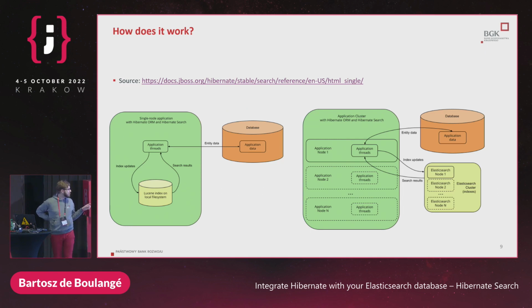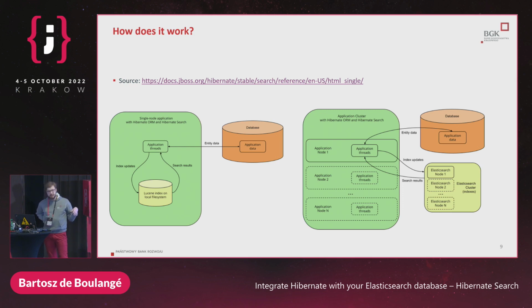The source is the official documentation. Here we can see that in the case of a single node application with a Lucene file system on the local file system, we have a simple setup. We have application threads, which search through your NoSQL database using full text search queries, and then retrieve an ID, which is a database ID, and then retrieve an object which is mapped in your ORM.